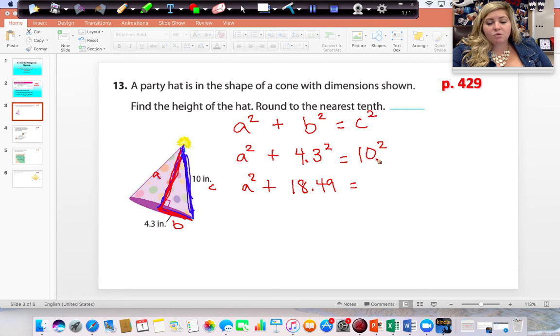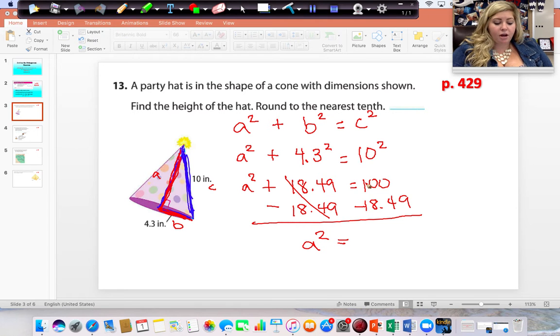And then 10 squared is 10 times 10, which is 100. To solve this, we need to first start out by subtracting 18.49 from both sides. This cancels, and we are left with A squared on the left, and 100 minus 18.49 on the right, and that is 81.51.